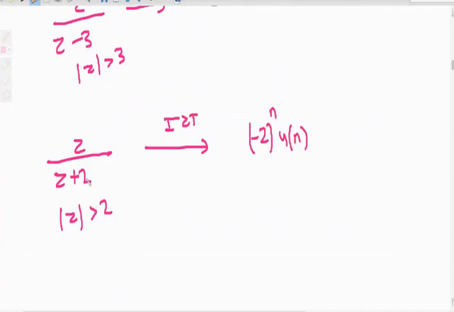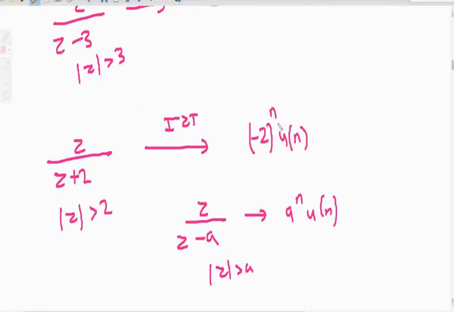So this plus 2, that's why here minus 2. Because we have that formula: Z upon Z minus a gives a raised to n u of n for magnitude Z greater than a. So here minus a, then here plus a raised to n, then here plus 2 means here minus 2 raised to n.